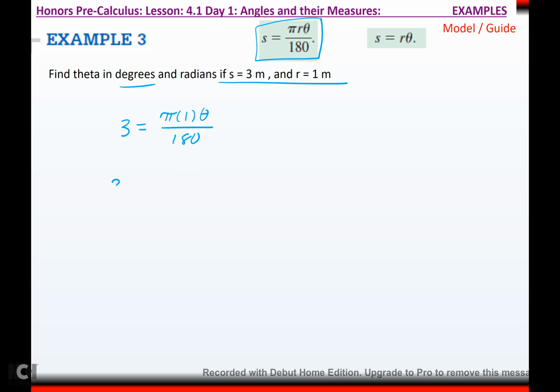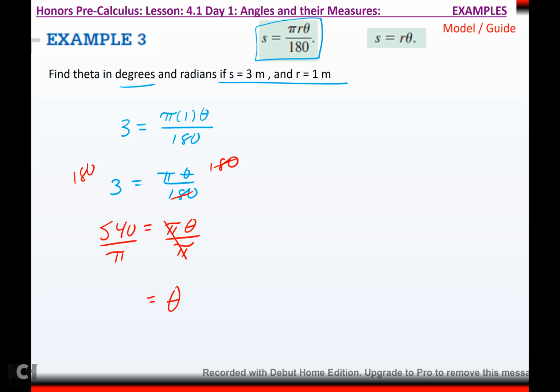So this would be 3 equals pi theta over 180. I'm going to kill the fraction, so I'm going to multiply by 180, which is 540, equals pi times theta, divide by pi, and I get 540 divided by pi.